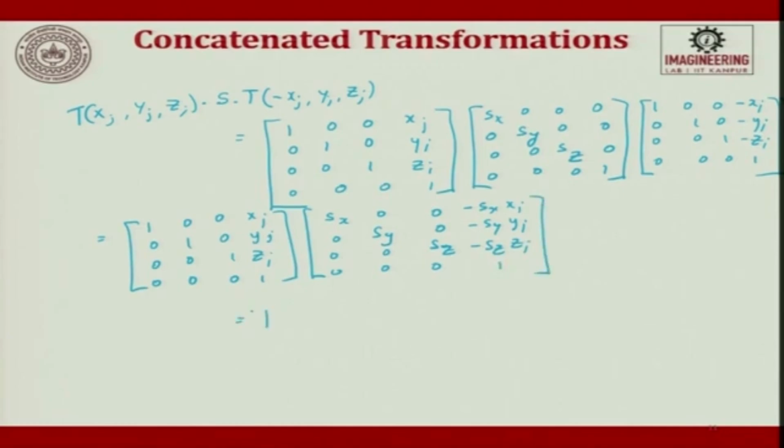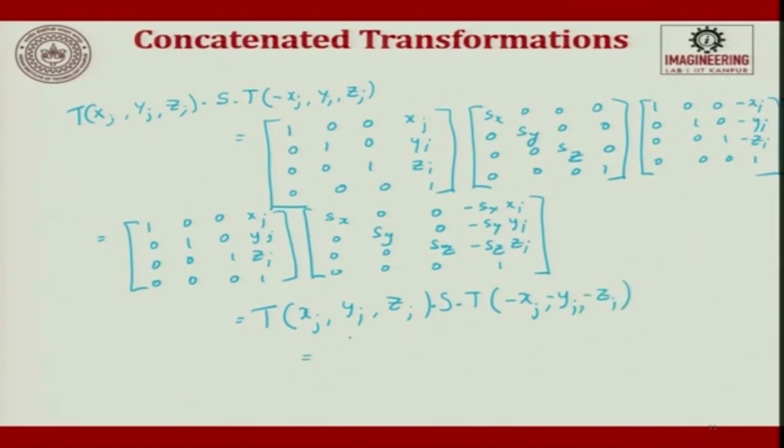This is nothing but transformation of x j y j z j into the scaling and then translation by minus x j, minus y j and minus z j.